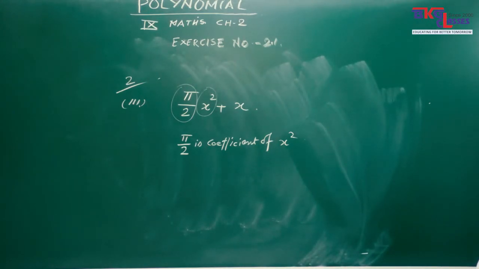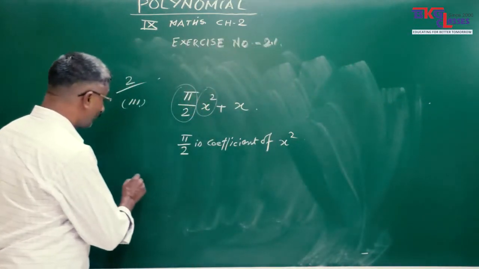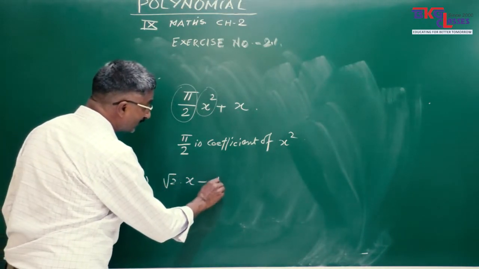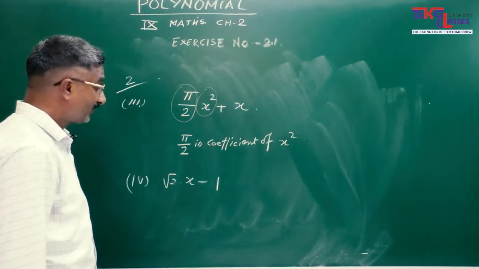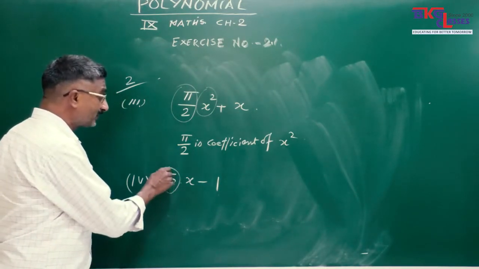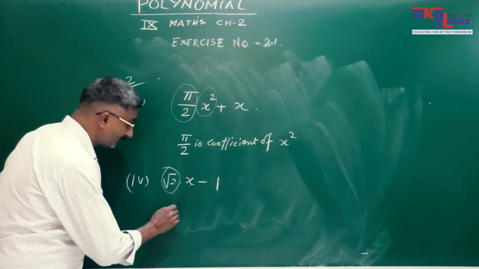Again, fourth one, that is under root 2 x minus 1. This is a polynomial. Okay, degree is 1. Under root 2 is the coefficient, but this is the coefficient of x. There is no term of x square.